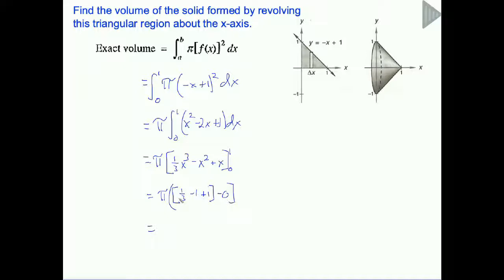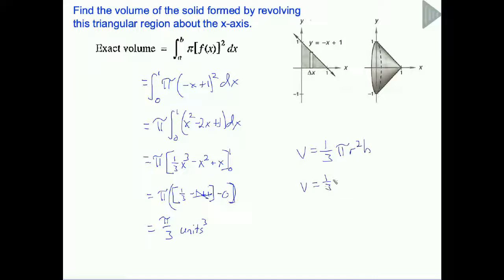And so we have that the volume of this will be pi over 3 units cubed. So make sure you realize it's units cubed. Well, this actually is just a cone, and we know the volume of a cone, so let's check this thinking through geometry. The volume of a cone is 1/3 pi r squared h.